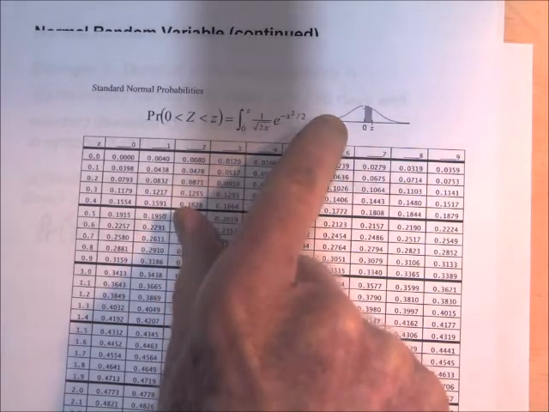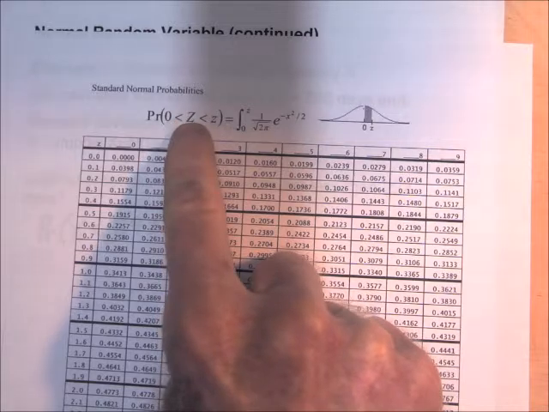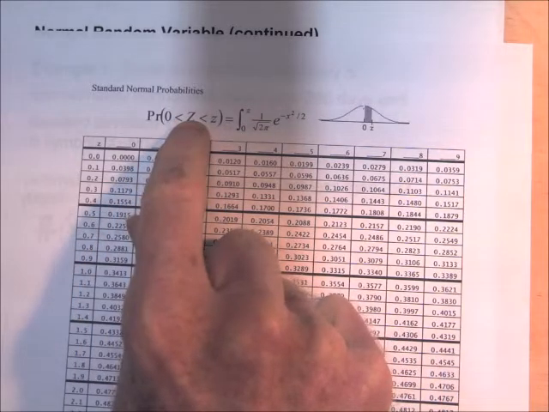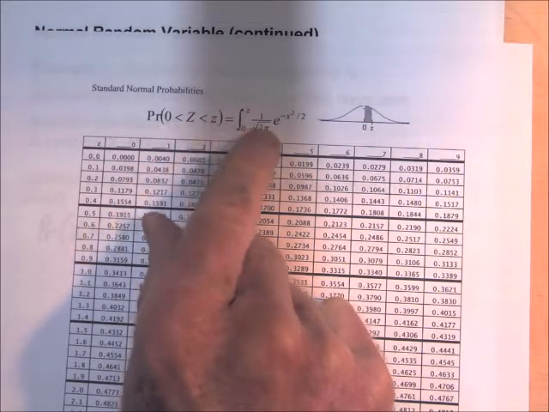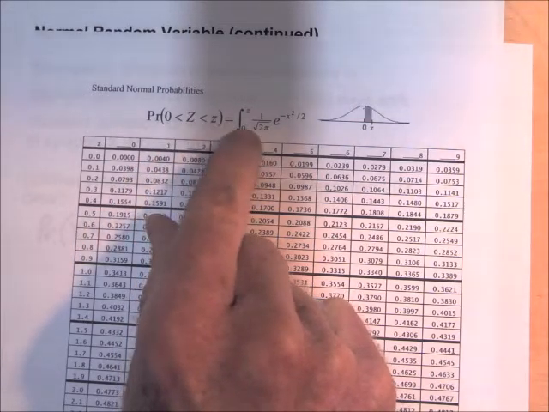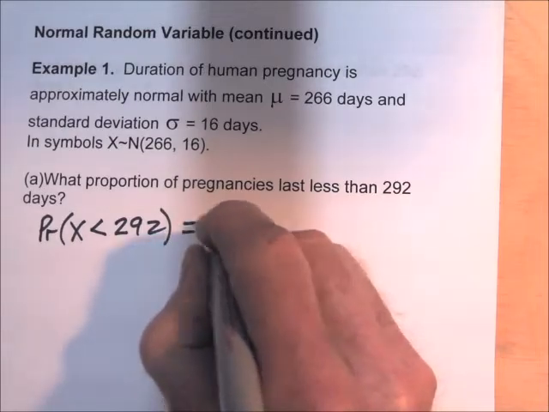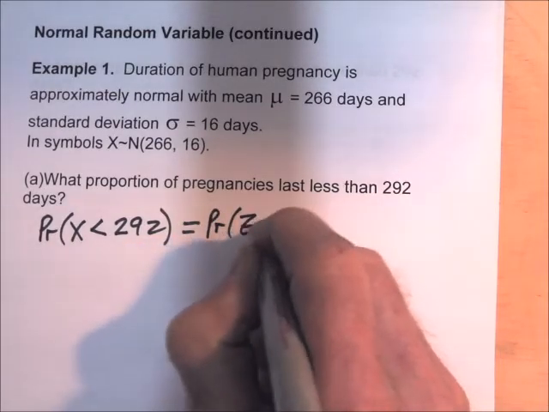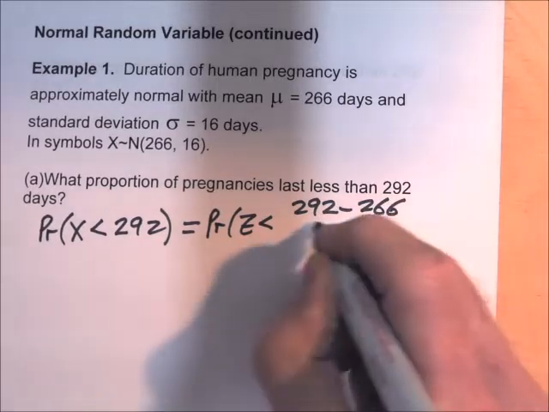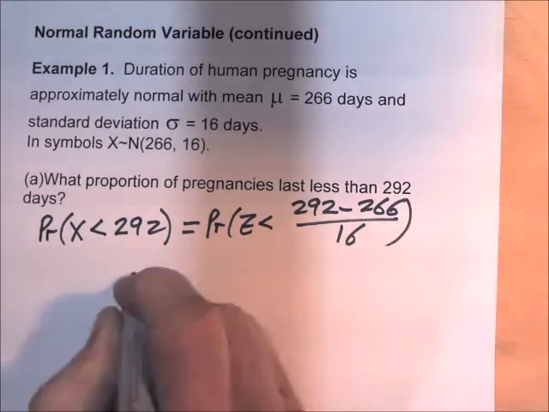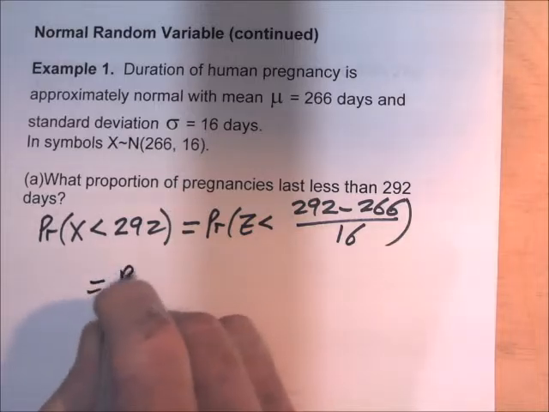If the original random variable is normal, then when we compute the z-score we'll have what we call standard normal, which means the mean is 0 and the standard deviation is 1. So we want to compute a z-score here. This is the probability that Z is less than 292 minus 266, divided by 16.